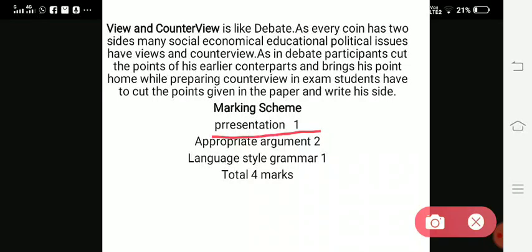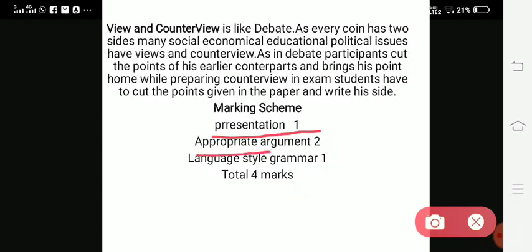When you write view and counter view, it is expected that you write it in one bracket. You can draw that bracket with a pencil, or you can use a blue pen if you write your answer with a black pen, or vice versa. You can also highlight your points while writing your answer.